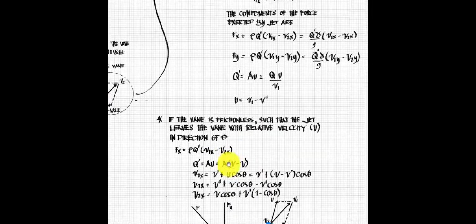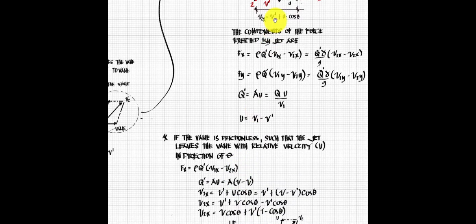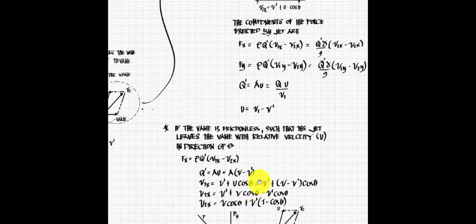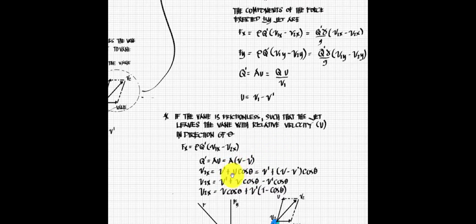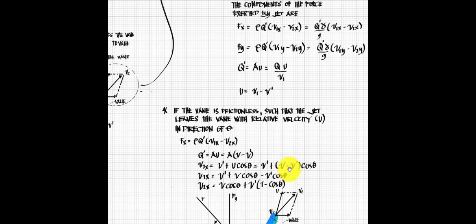2x. Referring to the figure, we have your v prime here. So, velocity of the vane plus the relative velocity of the jet multiplied by the cosine of theta. Now, the relative velocity of the jet is equal to the velocity of the jet minus the velocity of the vane.